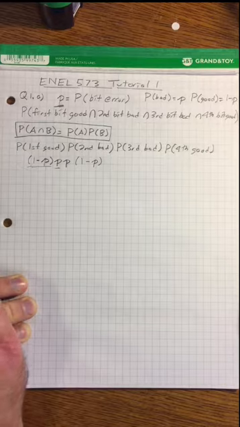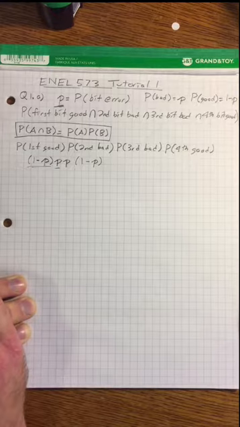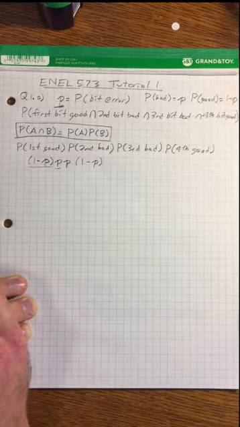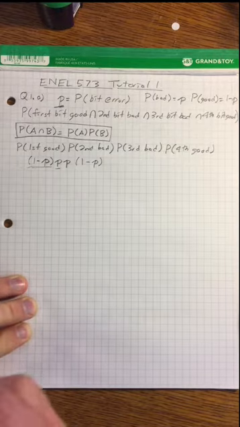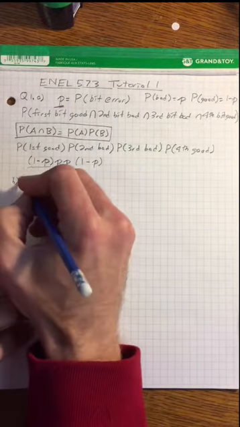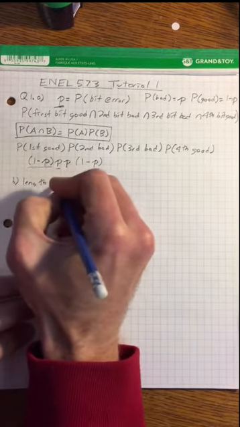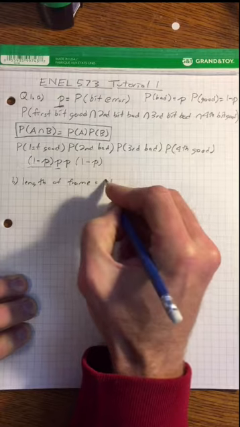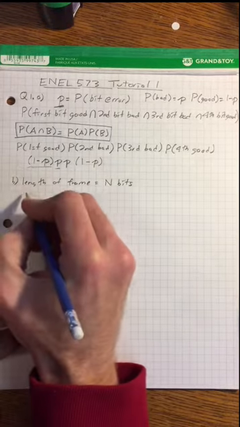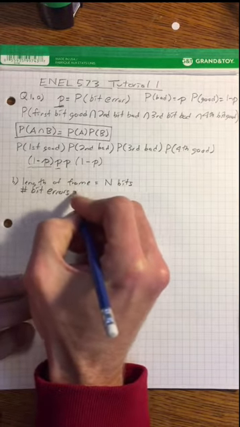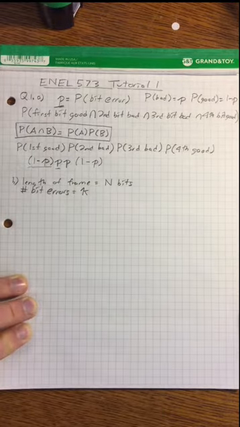Okay, so question A was meant as a warm-up because I gave you a specific scenario. Part B now asks you to determine the general expression. So for part B, the length of our frame is now equal to capital N bits, and the number of bit errors is equal to k.